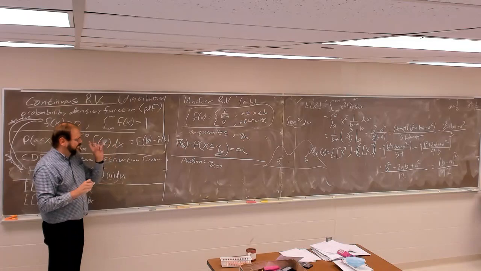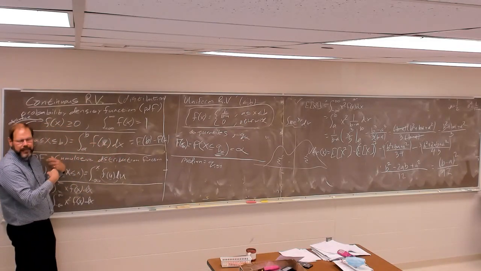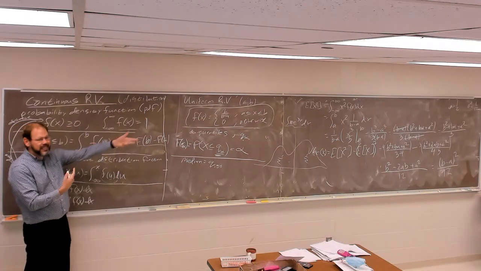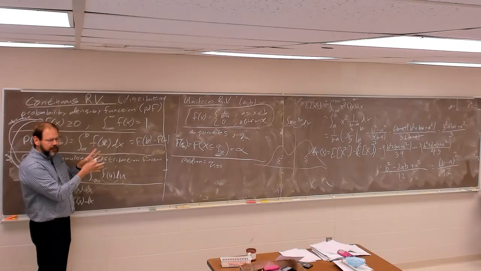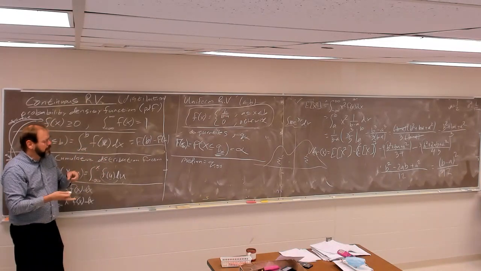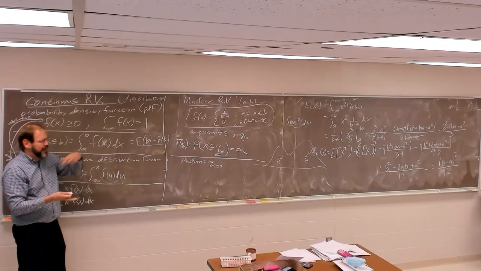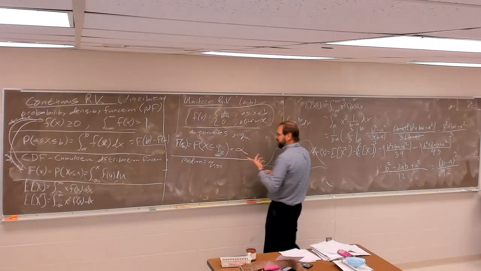In general, that is not the same value as the mean. When we use the word mean, we mean the expected value. So the median is another thing that measures the middle of a distribution, but in a different way than the expected value does. For a uniform random variable, they're the same.